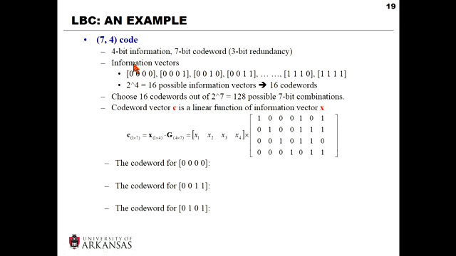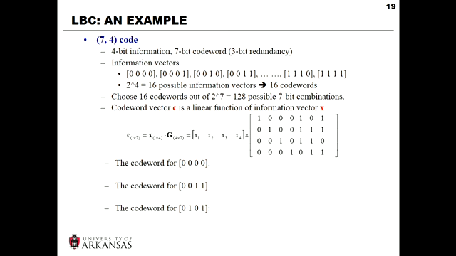Okay, so we have 16 possible information vectors, and each information vector will be mapped uniquely to a code word. So which means we also have 16 code words. We have exactly 16 different distinct code words.